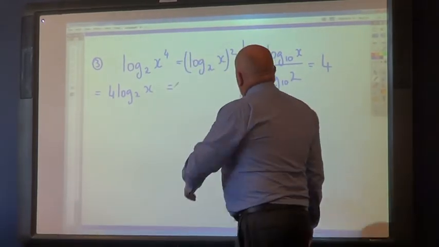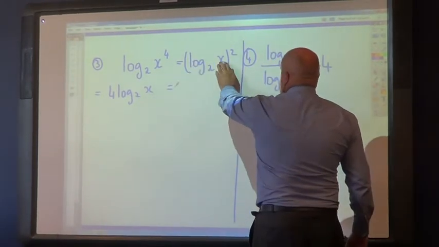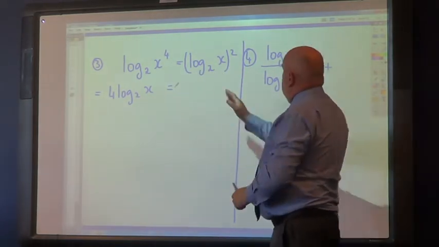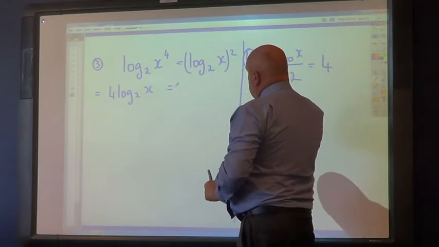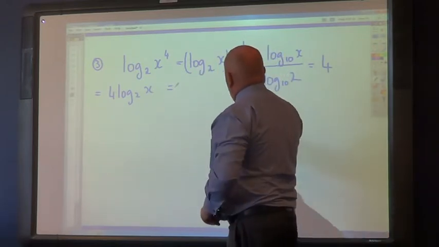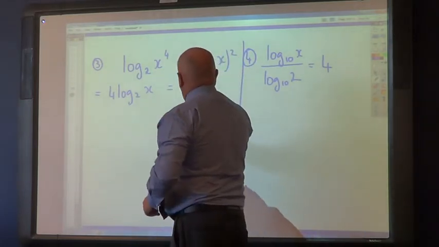And over here, don't confuse this. This is log base 2 of x, all squared. In other words, log base 2 of x times log base 2 of x. So that's slightly different.